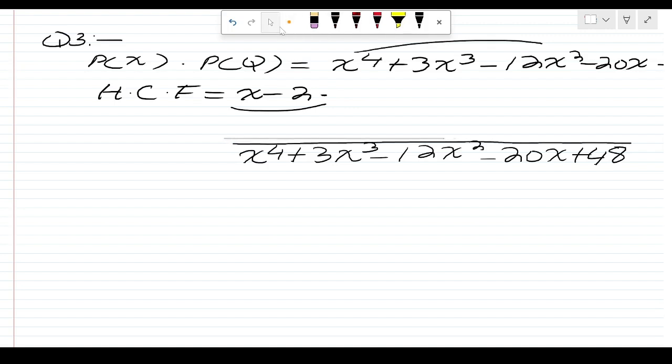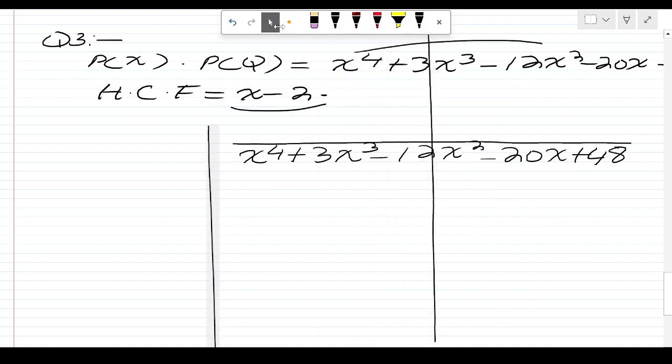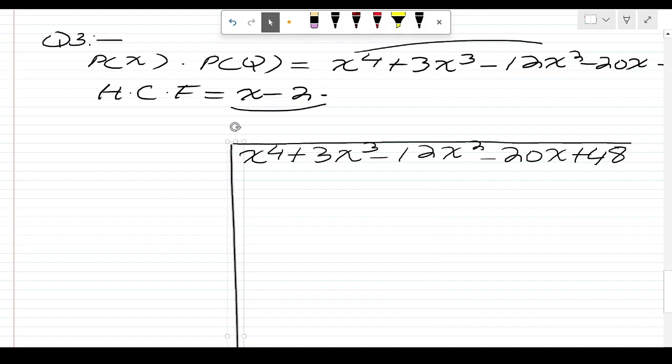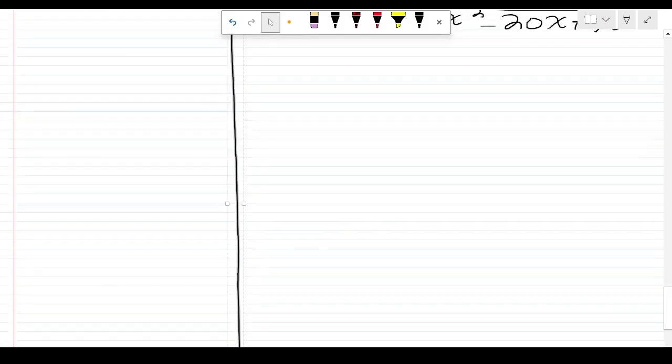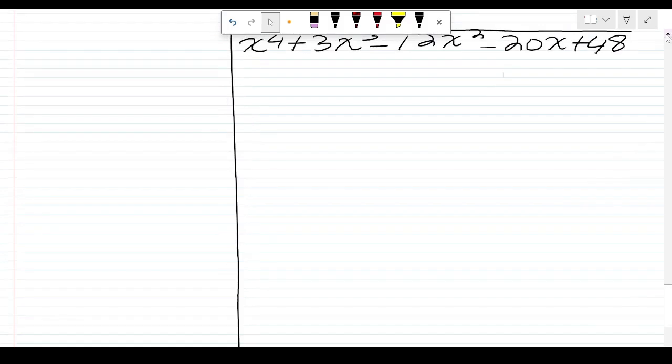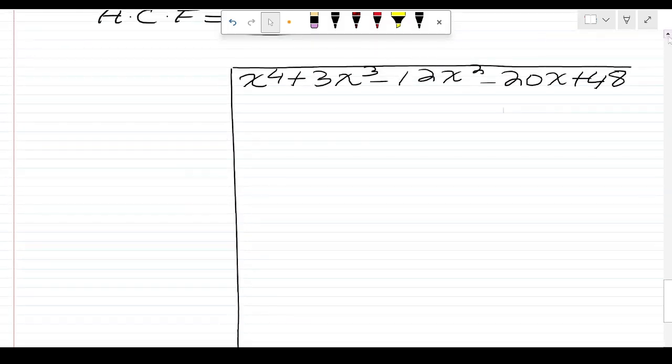I'll copy this line and duplicate it, make it vertical and place it here. Then outside we can write the HCF, which is x minus 2.